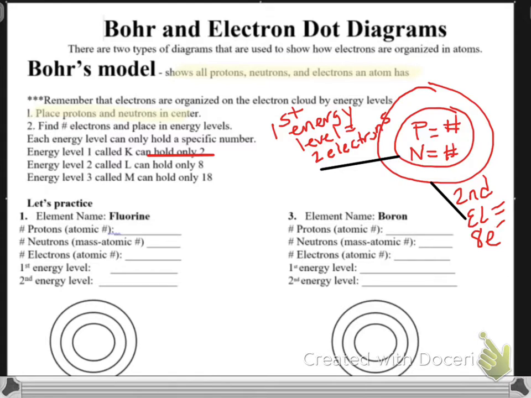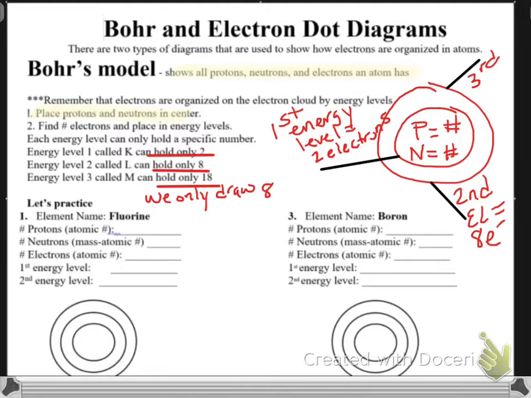Then you see that I already drew the second energy level, and it can hold 8 electrons. Energy level 2 is called L and can only hold 8. Again, that's the rule. Then we have the third energy level, which is called the M energy level, and it can hold 18, but we only draw 8 on there.